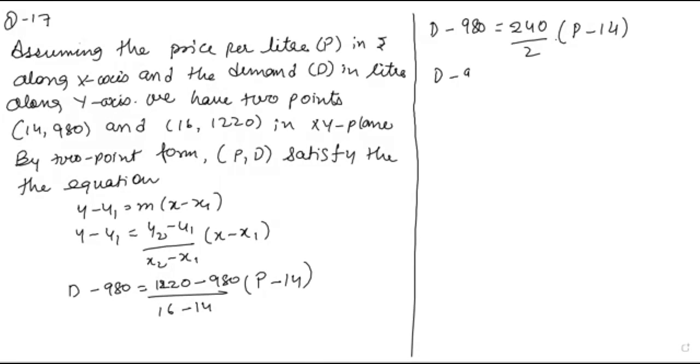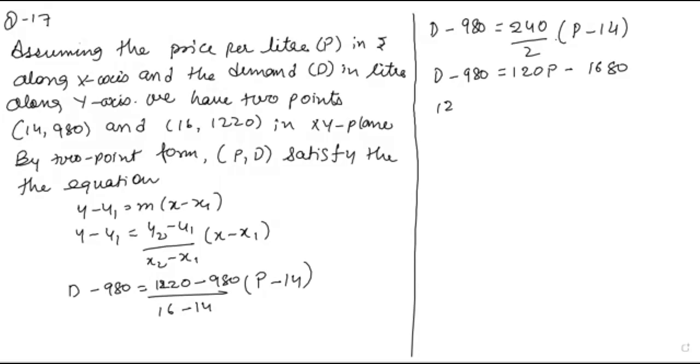So D minus 980 is equal to 120 into P minus 14. 120 multiplied by 14 will give me 1680.